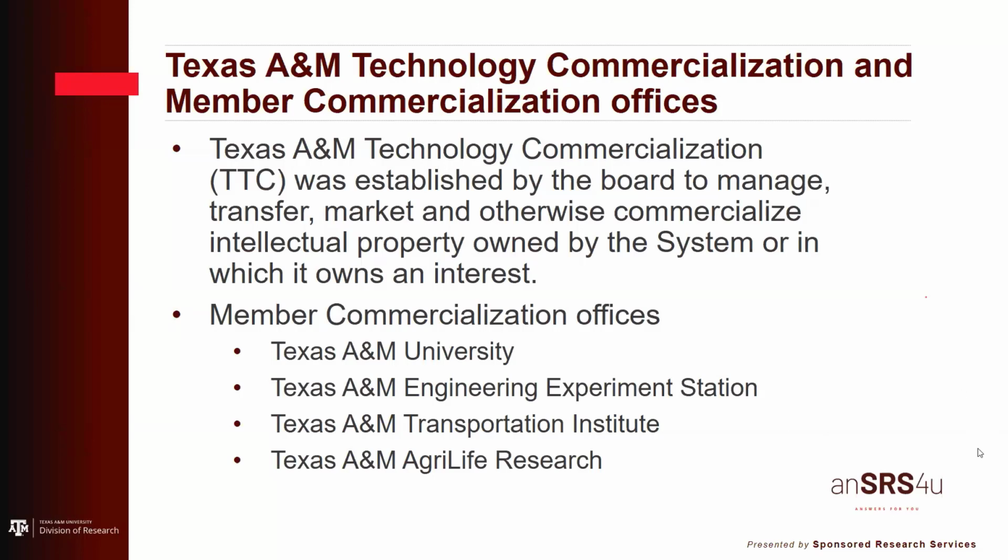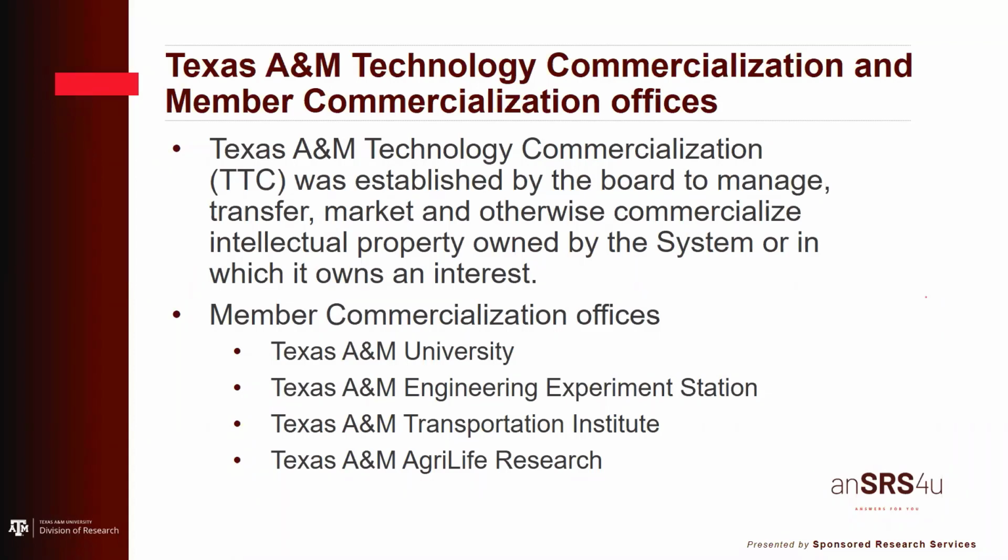This office now, though, is primarily serving as an accounting and support function for these commercialization offices. The licensing personnel that you might refer to as your hands-on, really project management of the intellectual property for the system, have been dispersed out to 4 member commercialization offices, and we have them listed there on this slide.